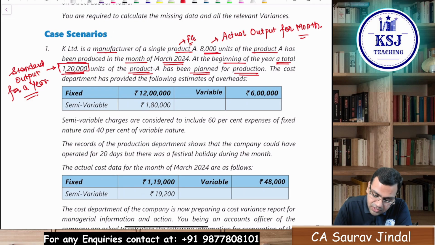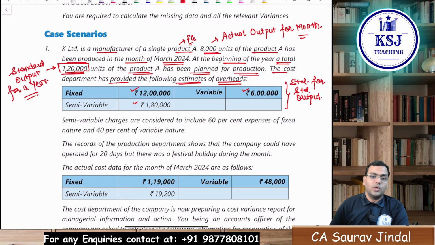The cost department has provided the following estimates of overheads: fixed overheads will be 12 lakh, variable will be 6 lakh, and semi-variable will be 1,80,000. These are the standards for standard output, because the cost department has given the estimates for manufacturing 1,20,000 units in 1 year.